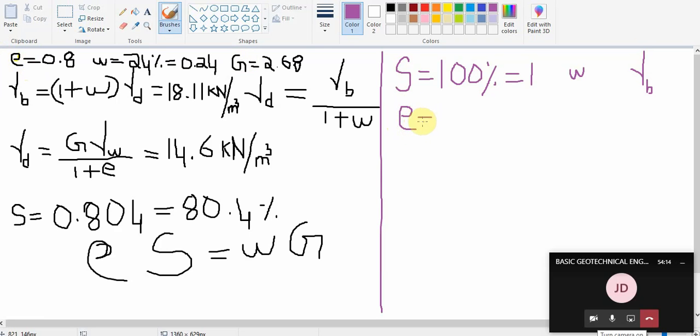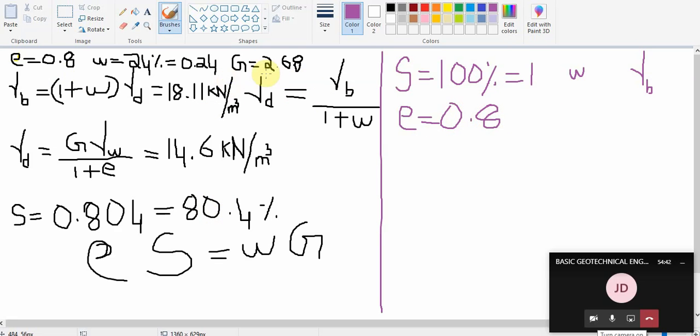So degree of saturation, no matter how much it is, if it is 80% or if it is 100%, your voids ratio will always be same. It will be 0.8. Understood? Voids ratio will not change if you add water. So voids ratio is 0.8 and specific gravity is also constant.